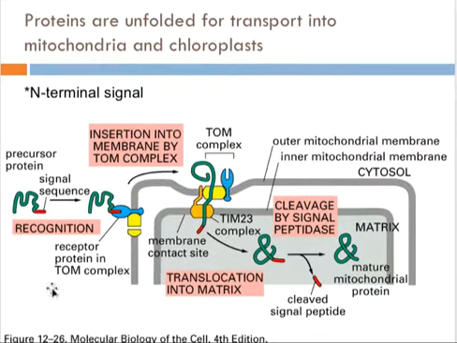In the outer mitochondrial membrane out here is going to be a receptor. The receptor protein can bind the signal sequence. So remember that we said earlier, these sequences can't really do anything if there's not a receptor to recognize and bind to them. So the receptor lies in the outer mitochondrial membrane.